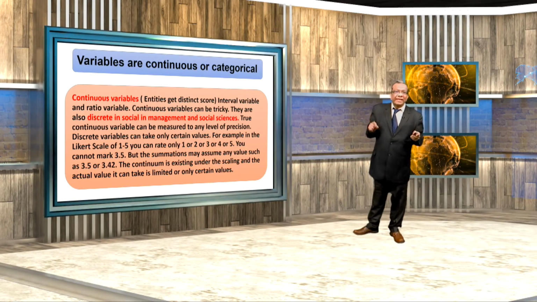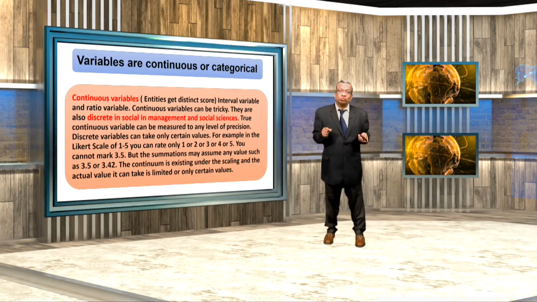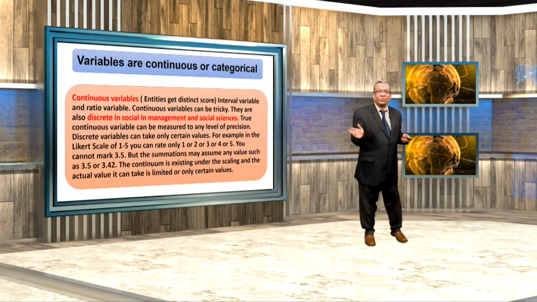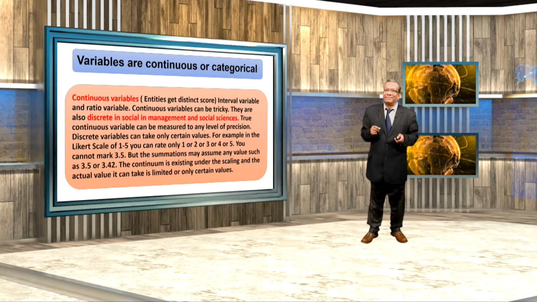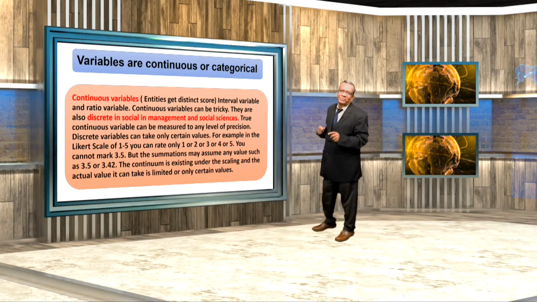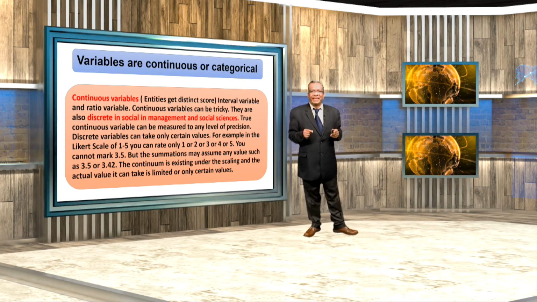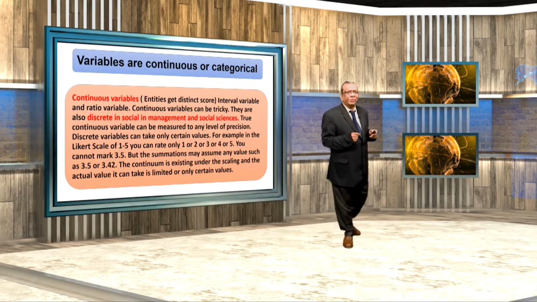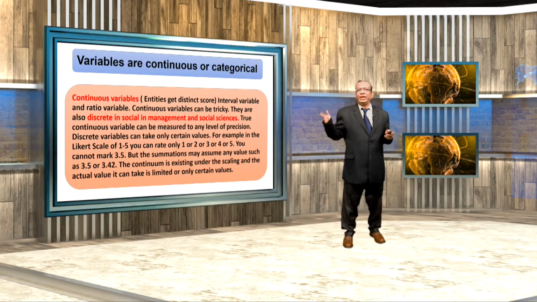Continuous variables can be tricky. They are also discrete in management and social sciences. A true continuous variable can be measured to any level of precision. Discrete variables can take only certain values. For example, in a Likert scale of 1 to 5, you can rate only 1, 2, 3, 4 or 5. You cannot mark 3.5.